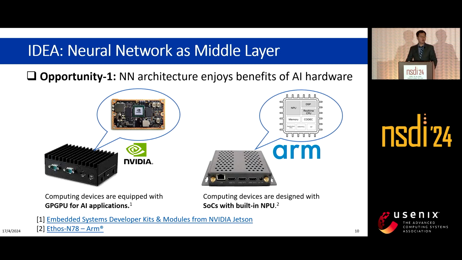We started from a simple idea: why not use a neural network as the middle layer? We build specific modulator implementations on top of a neural network. It brings some obvious benefits. First, such an architecture natively supports AI hardware, such as GPUs and NPUs.